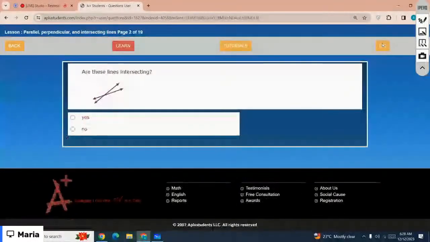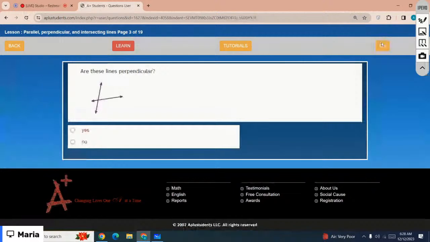Are these lines intersecting? Which is the correct option? Yes, it is. The lines are intersecting at a point, so they are intersecting lines.